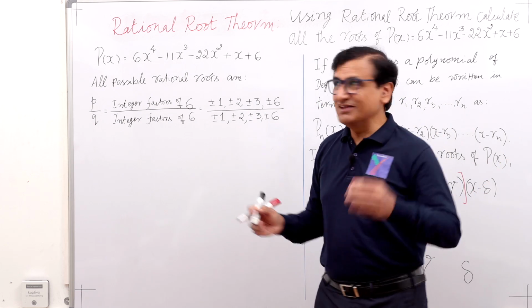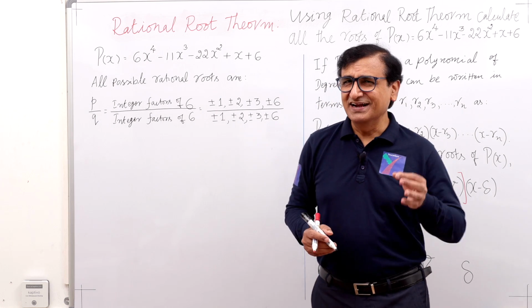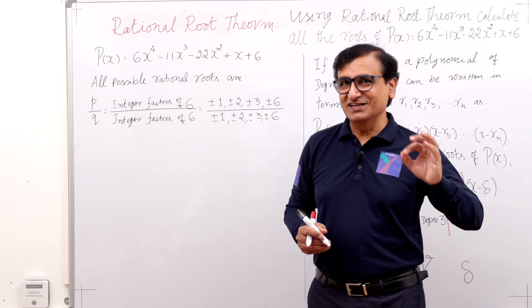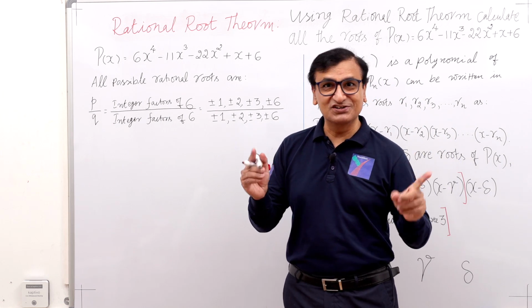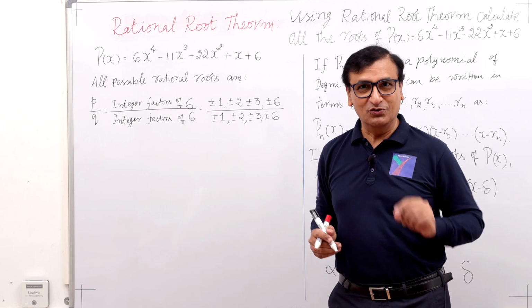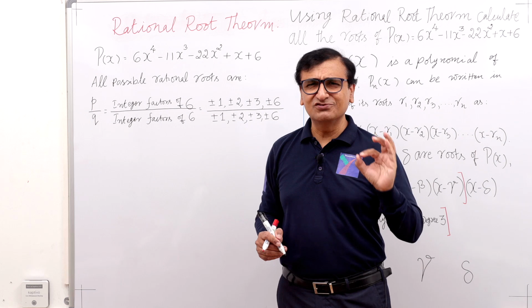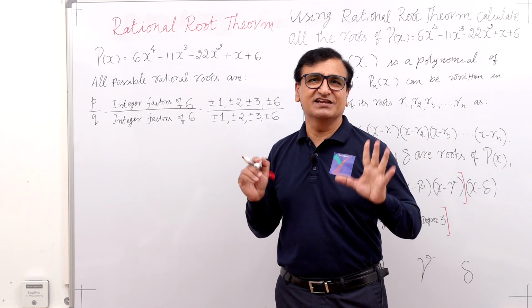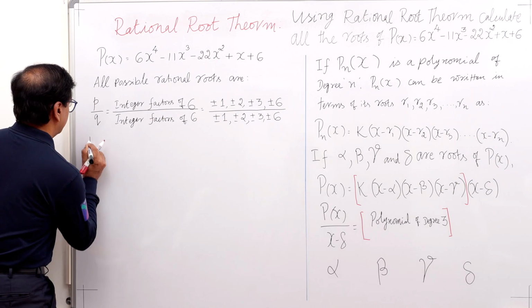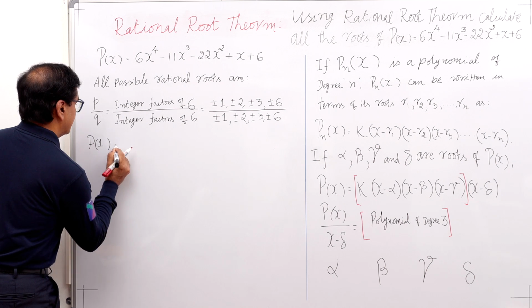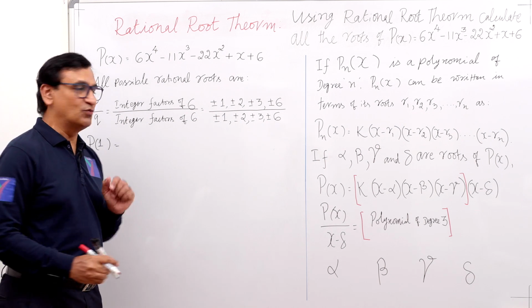In fact, in any rational root theorem calculation, it is always better to check your luck whether plus or minus 1 is a rational root or not. So that's what we are going to do here. I am going to apply p of 1 and p of minus 1 to check whether plus or minus 1 is a rational root. First, we will apply p1.